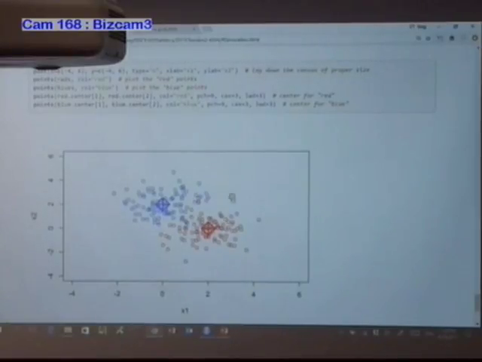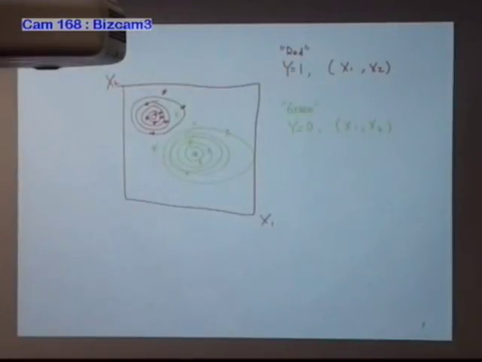At the end of the day, what we hope we can say is, by looking at this training sample of 200 points, we can comfortably draw a line somewhere so that everything on the top left corner is going to be red, and on the other side is going to be green.